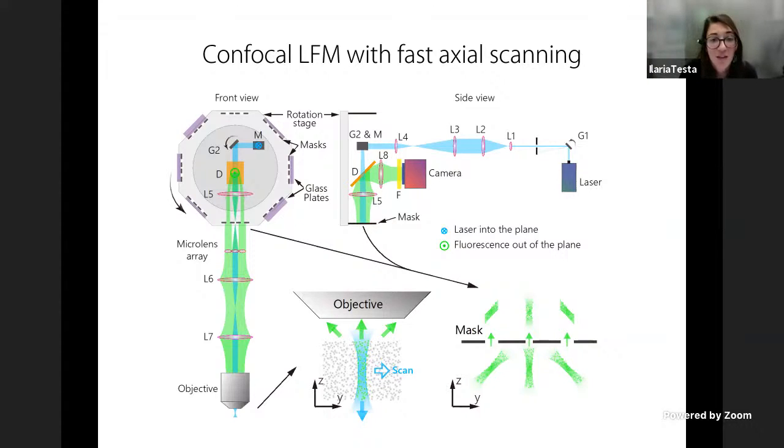Right, and then we have Andrea's question. He's asking, in case of polarized excitation, do the images of the lenslet contain information about the polarization state of fluorescence? Or do you think it could be solved? Okay, we didn't take this into consideration because usually at room temperature, the polarization information is lost.